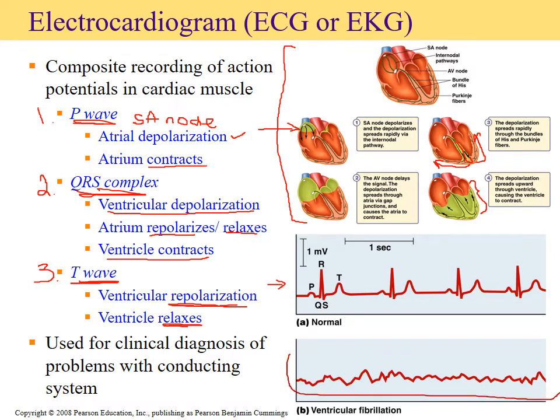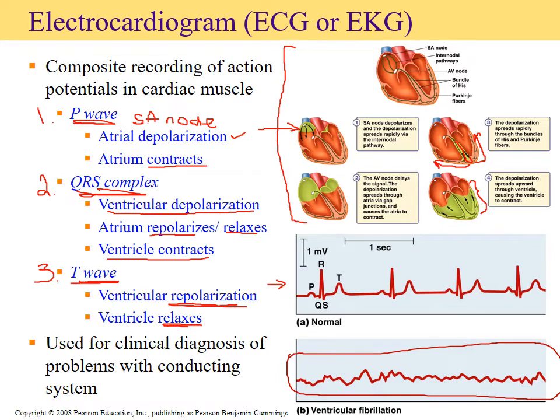Now take a look at the illustration labeled B, and what do you think is happening over here? It's called ventricular fibrillation. This is what it looks like when your patient is having a heart attack, and what you're seeing is that the individual heart cells are still contracting and relaxing, so they're still doing their depolarization and repolarization, and that's what you're picking up with the squiggly lines. It's a very scientific term, they're squiggly.